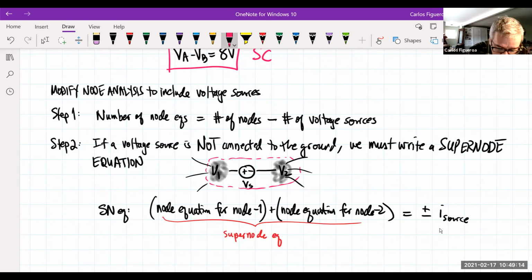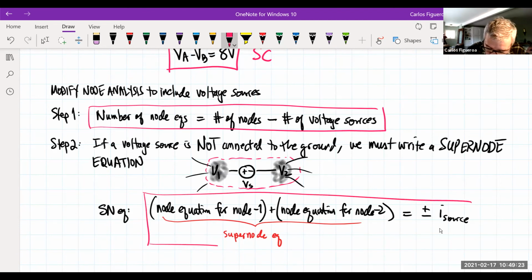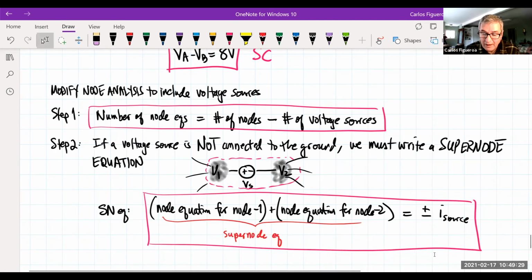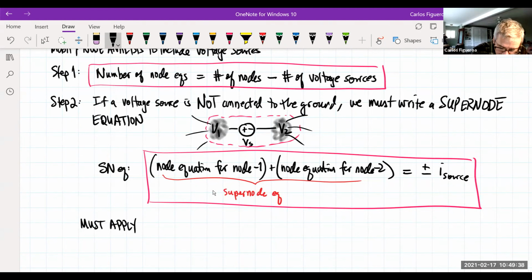So when you're looking at that, step 1 here is to count the number of nodes and subtract the number of sources. I then come in and I apply the supernode equation to the supernode. And then what I do next is I must apply the supercondition.